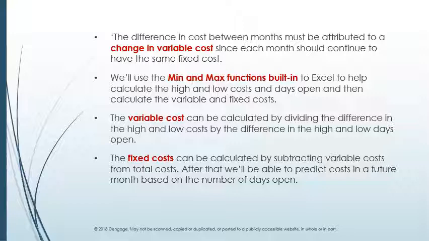The variable cost per unit can be calculated by dividing the difference in the high and low costs by the difference in the high and low days open. But the fixed costs can be calculated by subtracting variable costs from total costs.